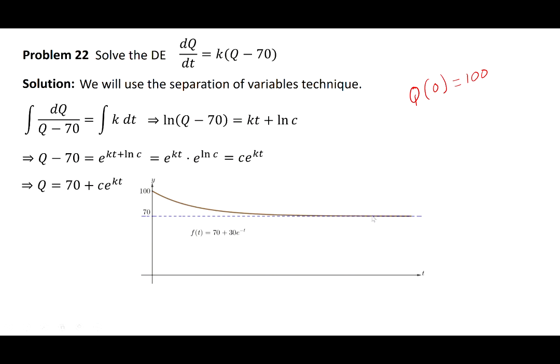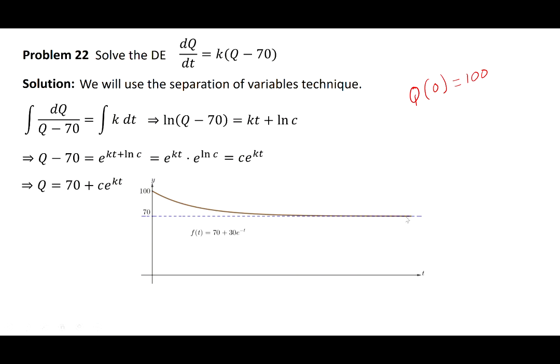Why do I care about this? I care about this because this is precisely what happens when you heat, say, a pan to 100 degrees and you leave it in a room with ambient temperature 70 degrees Fahrenheit. Then the temperature of that pan will start to decrease and reach what is called a steady state.